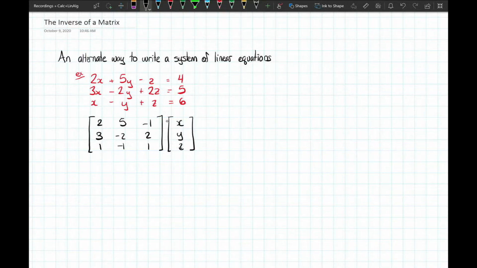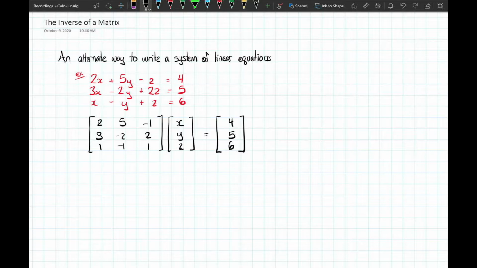Now, because we can multiply these together, we'll end up with another 3-by-1 matrix of the 3 equations with the left-hand sides, and we can set that equal to a single column matrix, or a single column vector, of the 3 constants. This has the exact same meaning as our augmented matrix.